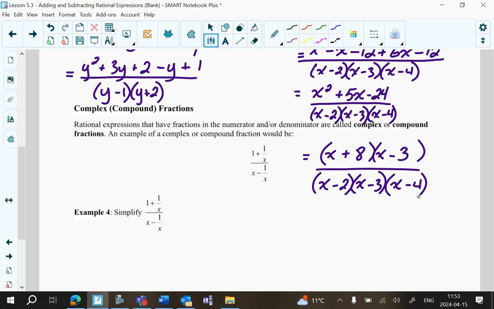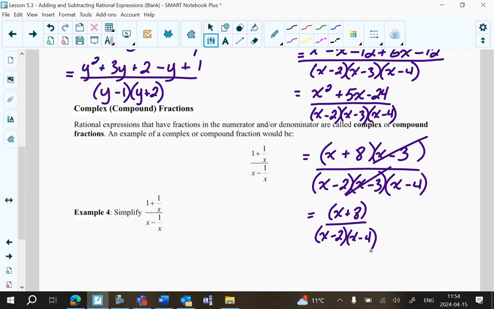See anything? x minus 3. Yes, I'm so proud of you. So we are left with x plus 8 over x minus 2 times x minus 4. You don't need the parentheses in the numerator when there's only a binomial up there.